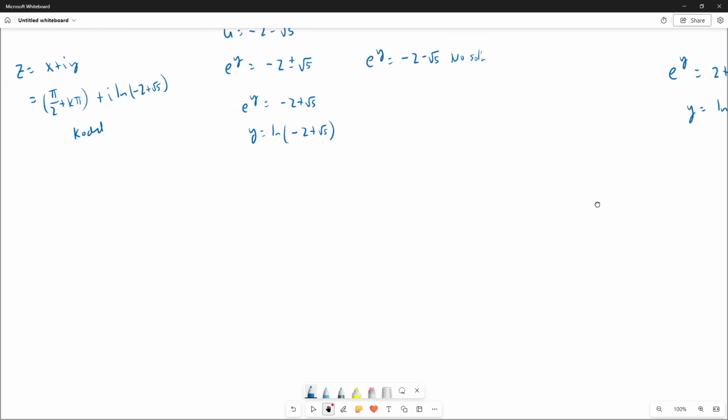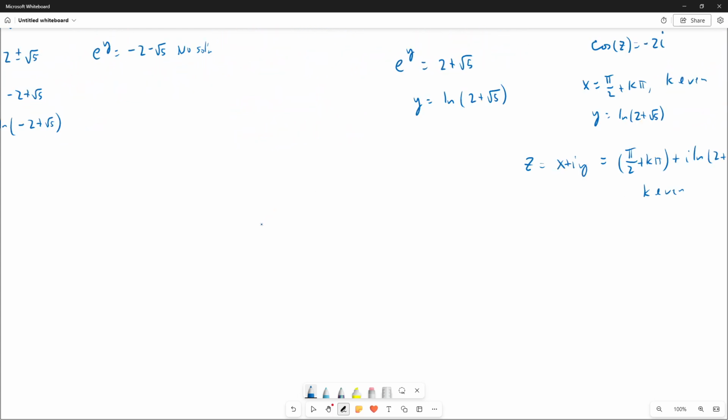So what do we have all together? We have z equals x plus iy, where x equals pi over 2 plus k pi plus i ln 2 plus root 5.